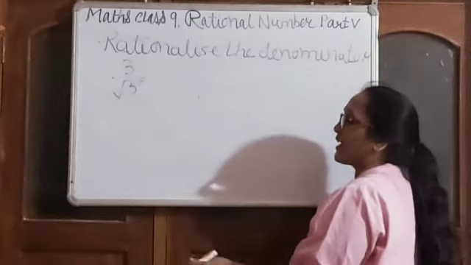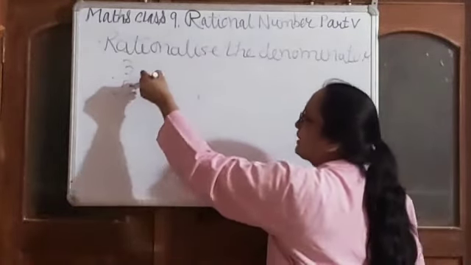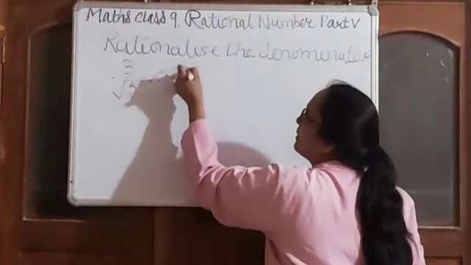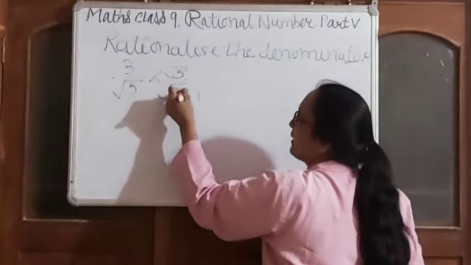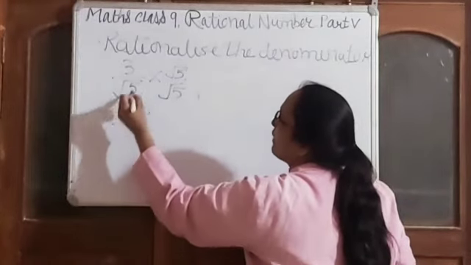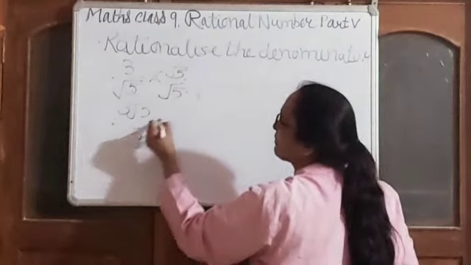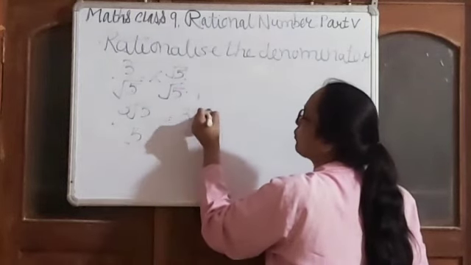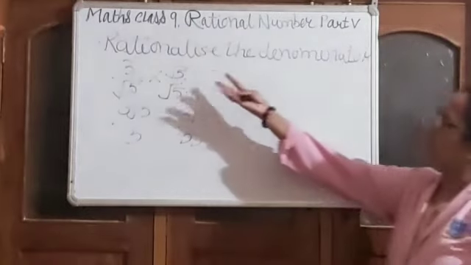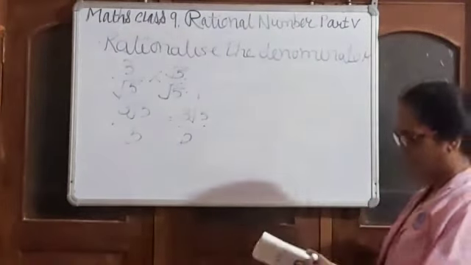To rationalize the denominator, we multiply the numerator and denominator by the least rationalizing factor. So 3 into root 5 is 3 root 5, and root 5 into root 5 is 5. So our answer is 3 root 5 upon 5. This is the rationalization of the denominator.